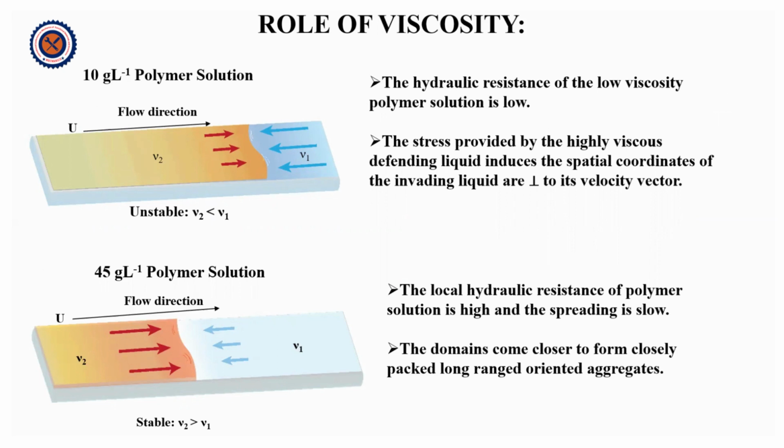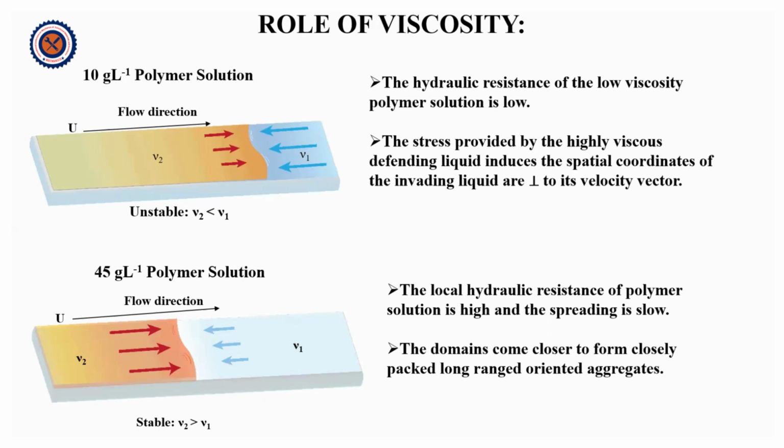If the polymer solution has low viscosity, then during the spreading of the polymer liquid, the hydraulic resistance of the low viscosity polymer solution is low, and thus the stress provided by the highly viscous lower liquid, that is ethylene glycol, induces the spatial coordinates of the upper liquid, that is the polymer solution, to orient in a perpendicular direction to its vector velocity, that is the flow velocity. This is called an unstable viscous system.